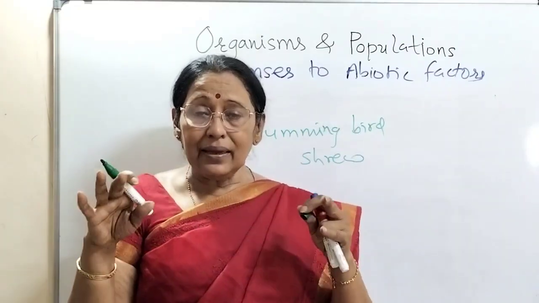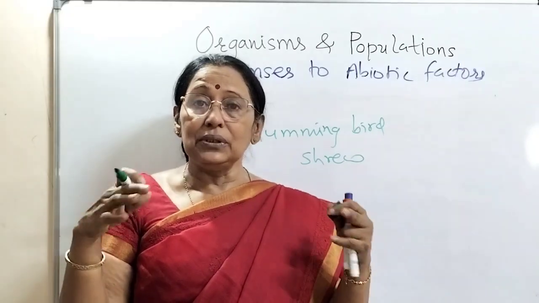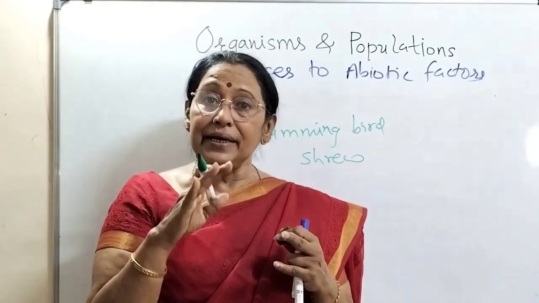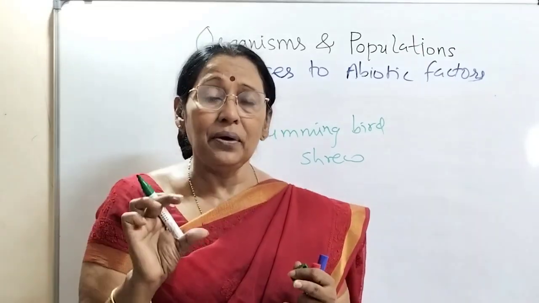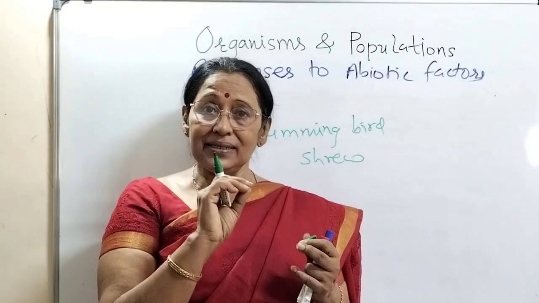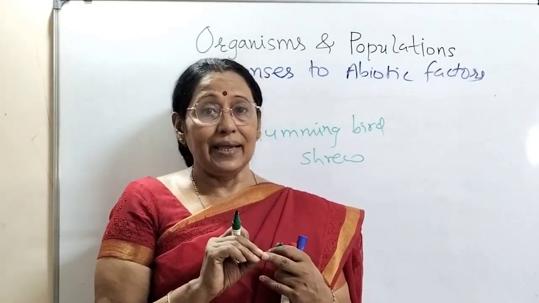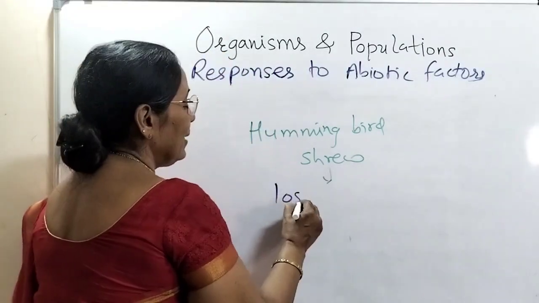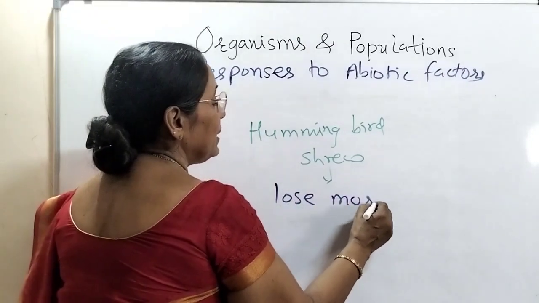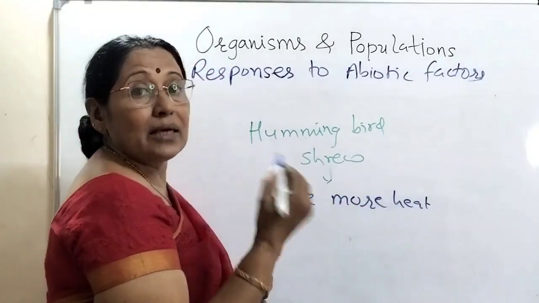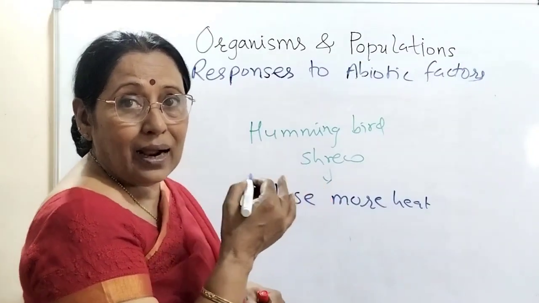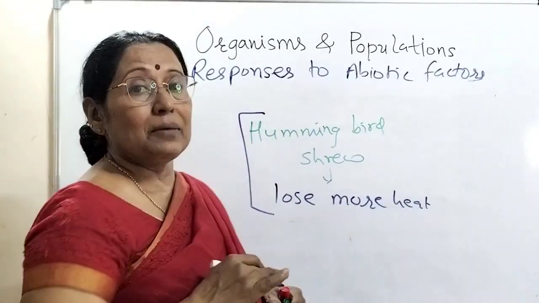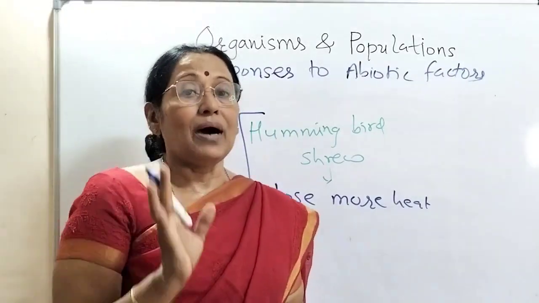This does not mean that heat loss equals the surface area. No, it is the surface area relative to body volume. And smaller organisms, children, have a higher surface area to volume ratio. So small organisms tend to lose more heat, and as thermoregulation is very expensive and they can't do that, they simply do not live in the polar regions and they move to a warmer place.